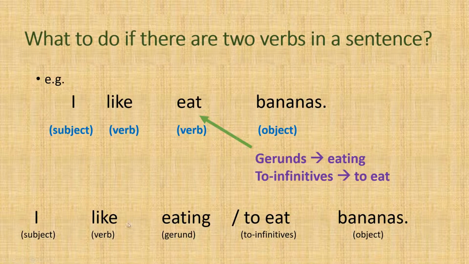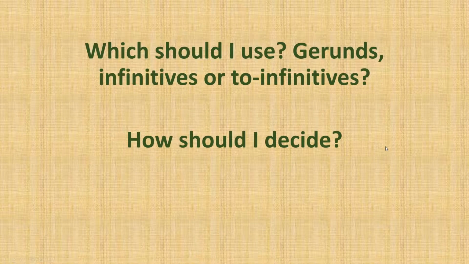I like eating, or I like to eat bananas. Both are grammatically correct. Alright? So, the next question will be, which should I use, gerunds or to infinitives, when we face two or more actions in a sentence. How should I decide?